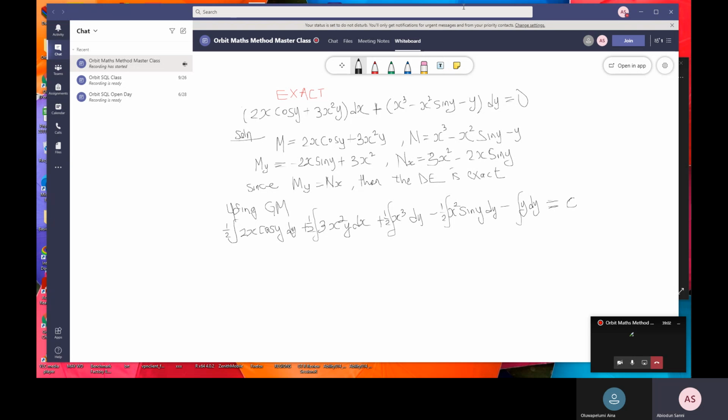Okay, so let's proceed to solve. Now here, 2 is going to cancel 2, so this one is gone. So let's start. Take this one, I'm integrating with respect to y, so x is a constant. If I integrate cos y with respect to y, I'll have sin y. So I'm going to have x sin y.